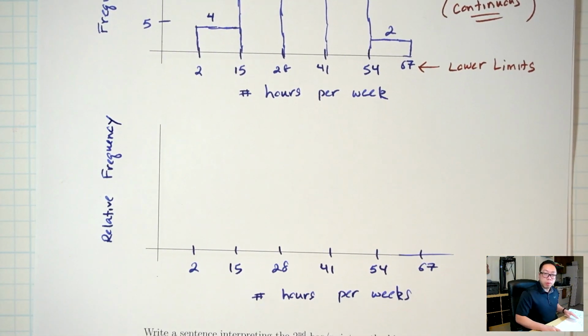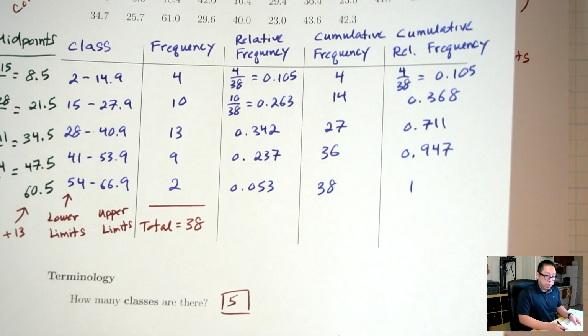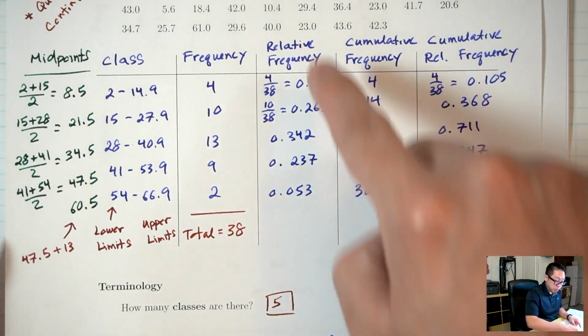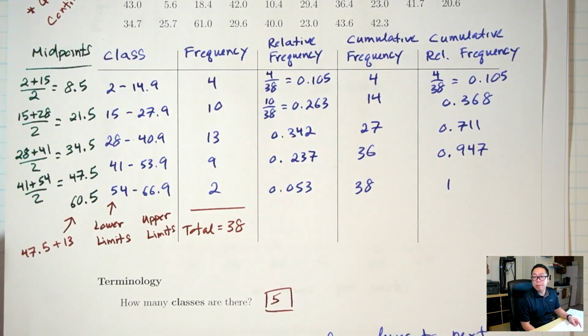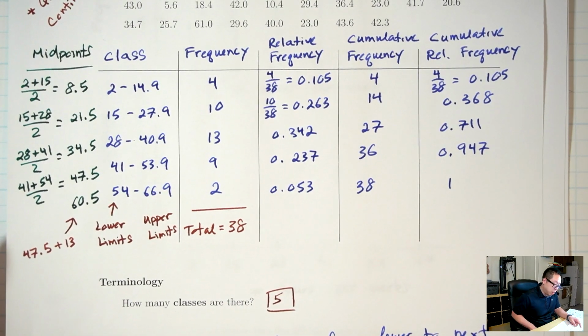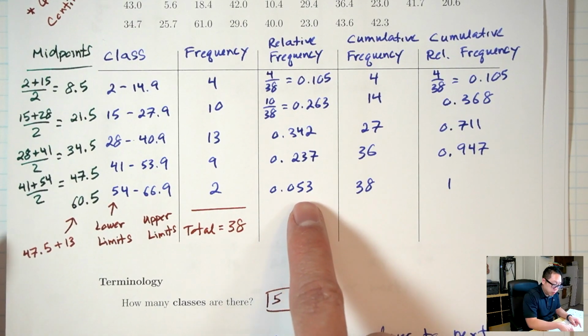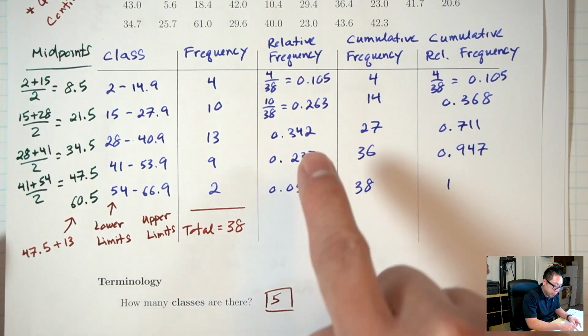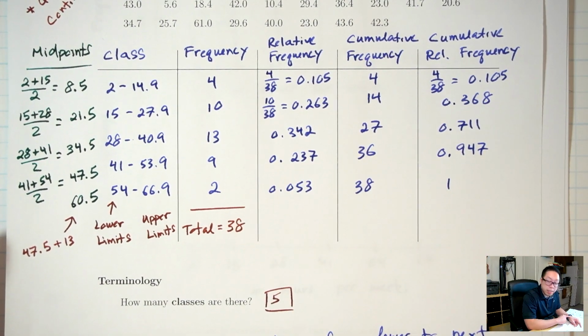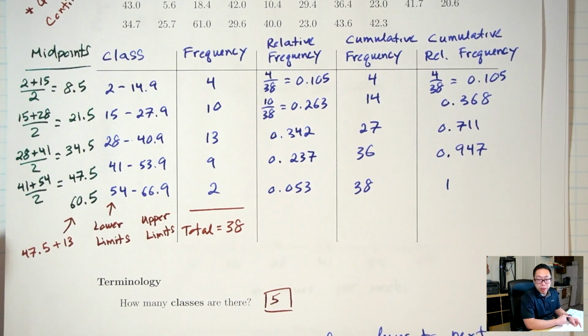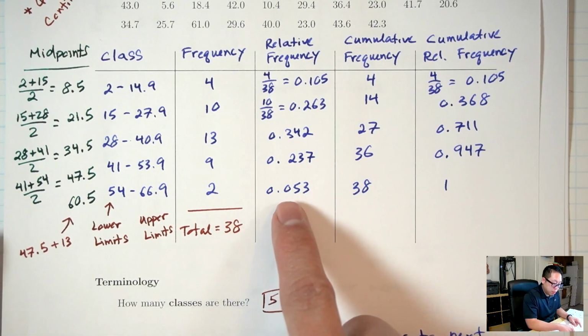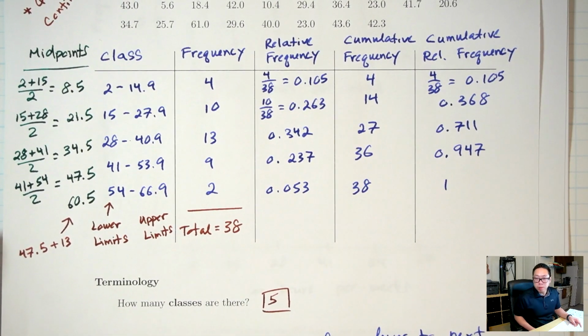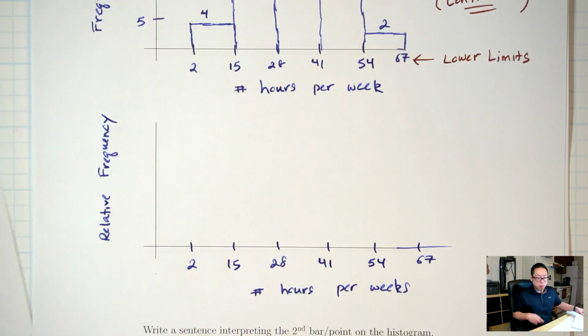Okay, so if I look at my relative frequencies, and if you followed my directions, they're all 3 decimal places. 0.053 on the low end, and I think 0.342 on the high end. So I think the best way to count this out is to go 0.100, 0.200, 0.300, and so on.